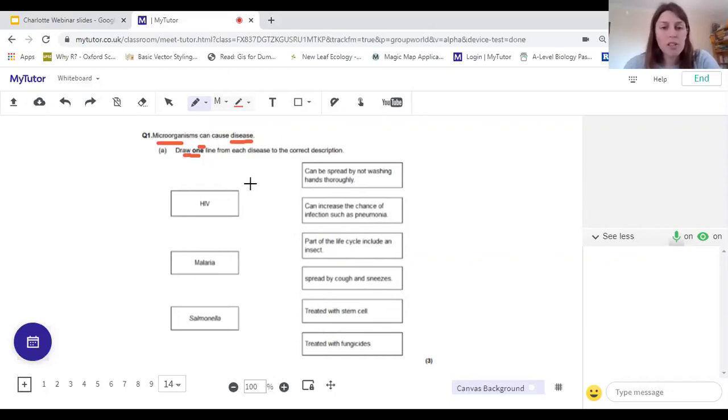Okay, so we learnt today that HIV, when it affects you, it affects your immune system, and so HIV increases the chance of infection such as pneumonia. Malaria, we talked about, is caused by a protist and spread by a vector called a mosquito. And salmonella can be spread by not washing hands thoroughly.